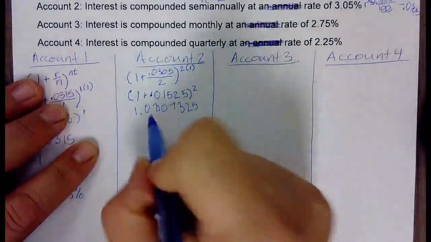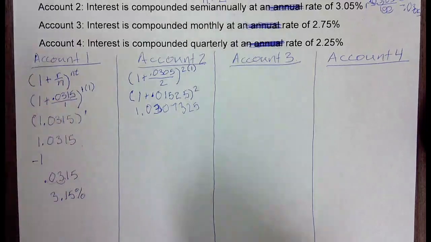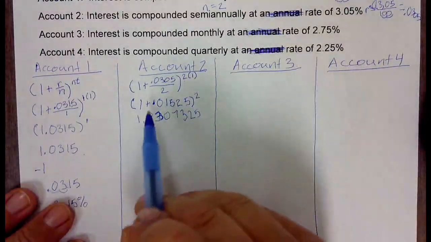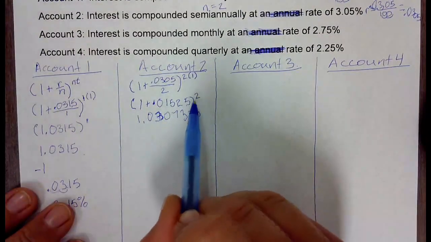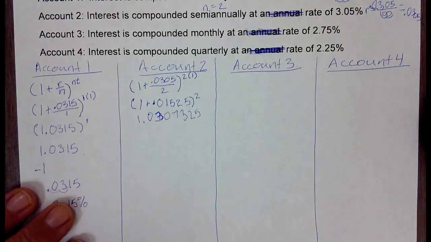We're going to stop there. This is a 3. All right, so I added these and then I put it to the power of 2.